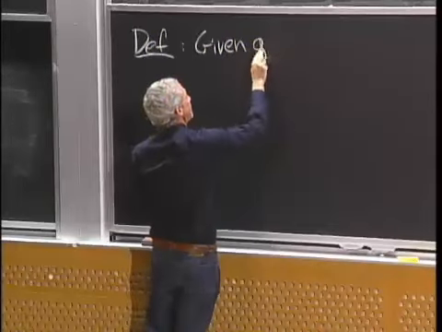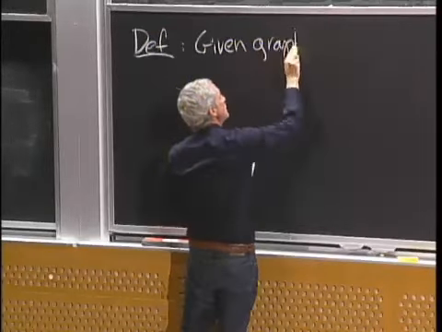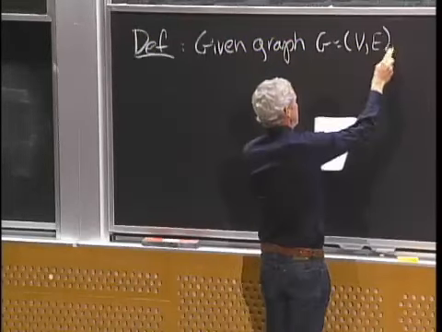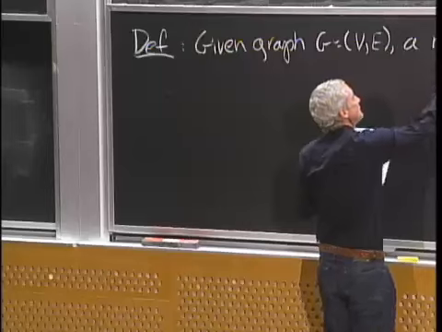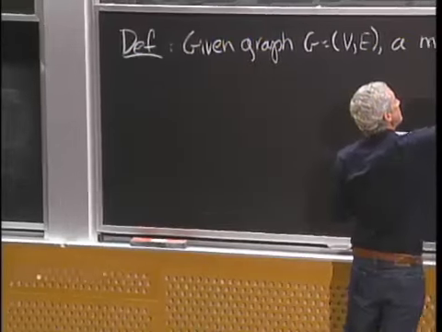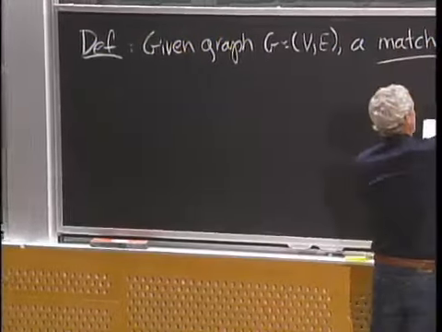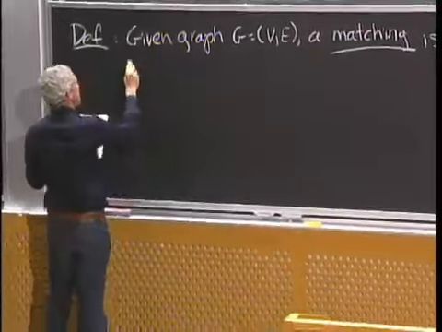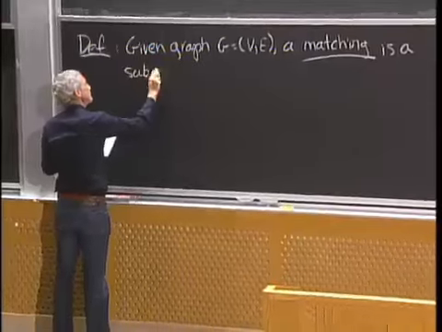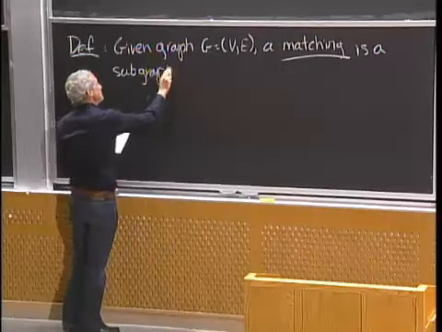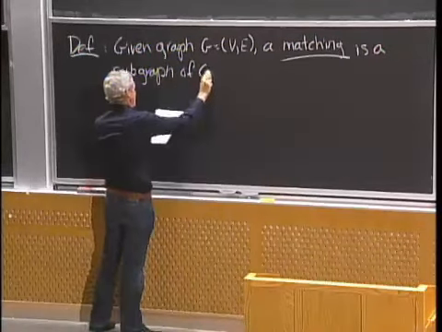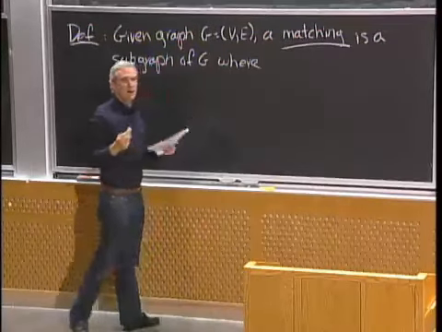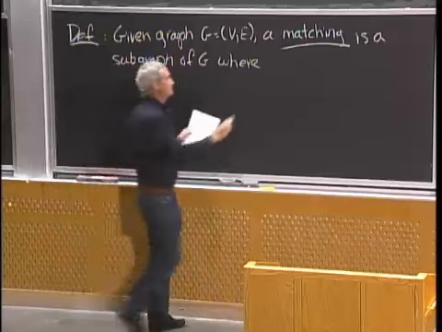Given a graph G with nodes V and edges E, a matching you can think of as a collection of edges or a subgraph of G where every node has degree 1. So everybody can be married just to one person.